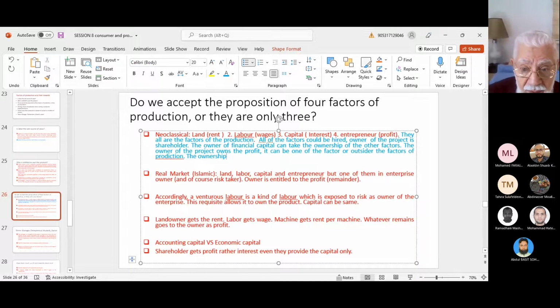In mudaraba, Rabbul Mal and the manager, the entrepreneur, and in farming, in muzara'a, the land owner and the farmer.